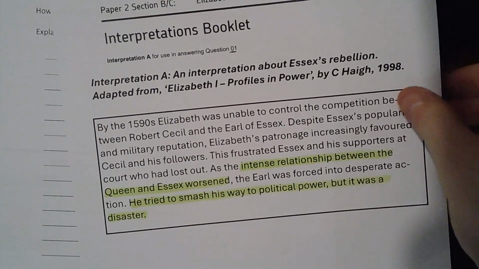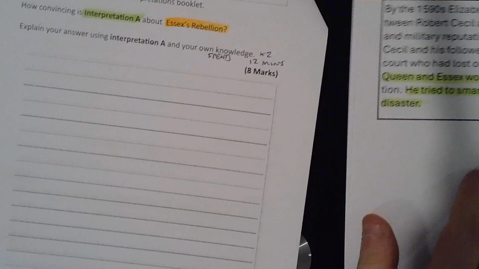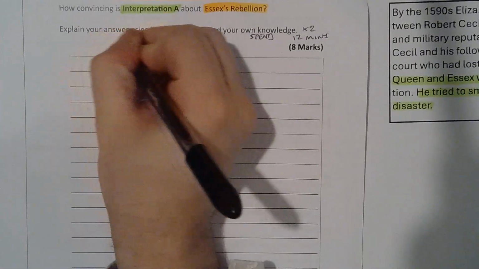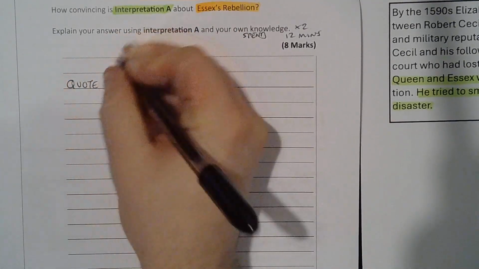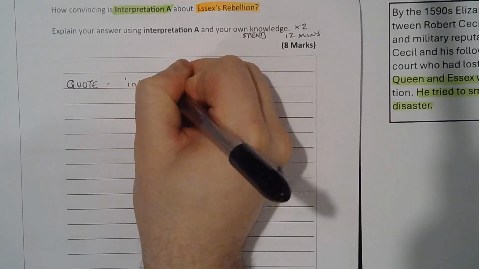So I've got those, and now I need to back them up with own knowledge. So I know that for the structure of this, I need to use a quote. And my quote was about the intense relationship worsening.